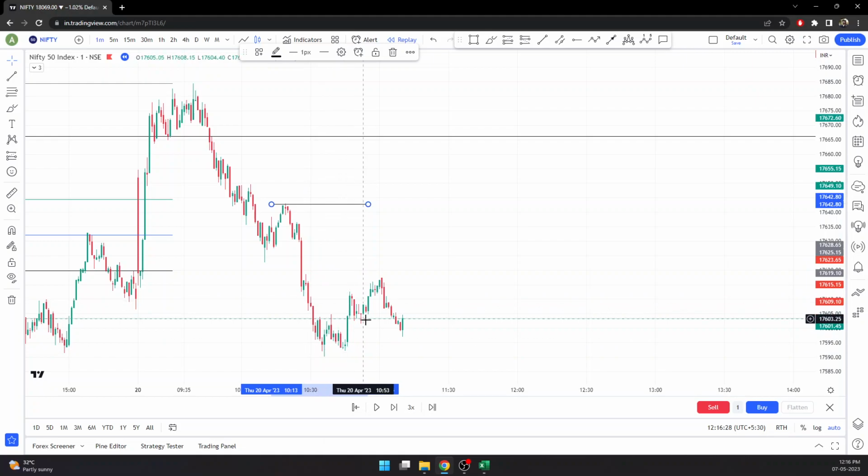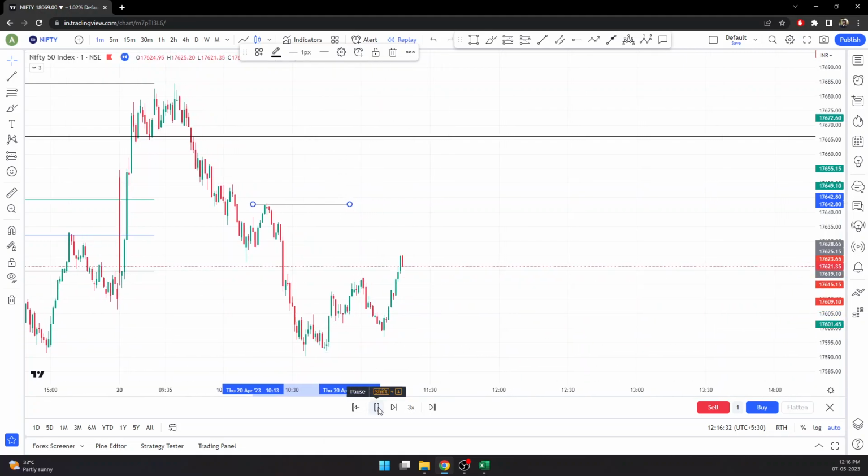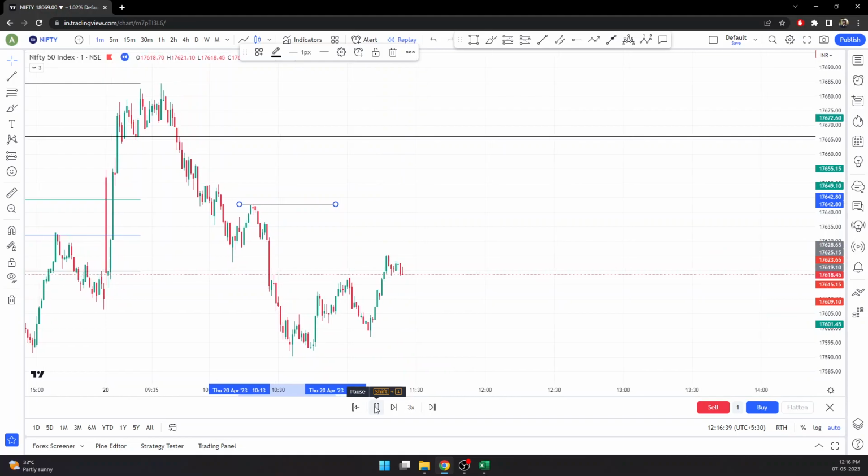Strong push and then pull. You can see the sellers still are in control, trying to go up.